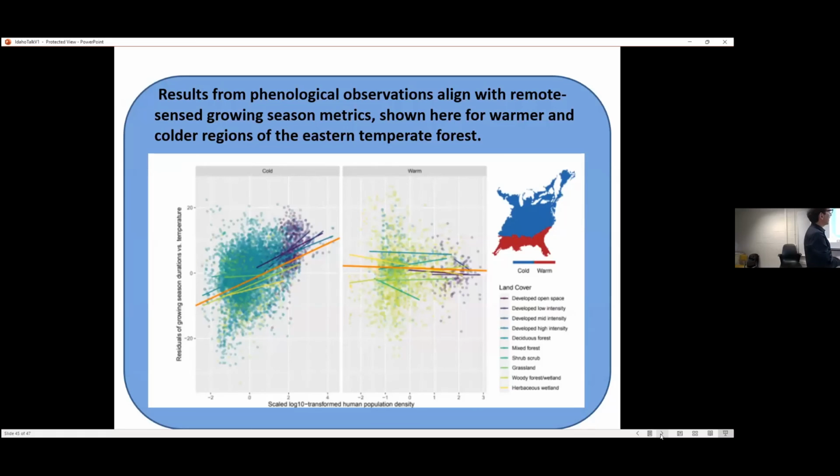Maybe this is actually closer to the truth than I would care to suggest. But anyway, blue areas are cold. That's why it's blue, not for any other reason. Warm areas are red. And as you can see, it's basically the same pattern, where you see increasing growing season lengths over urbanization gradients in cold areas, and in warm areas you see a weaker or converse pattern, right? So that all jives. Remote sensing data gives us one signal, then the in situ data gives us a different signal. They tell the same story. Cool.